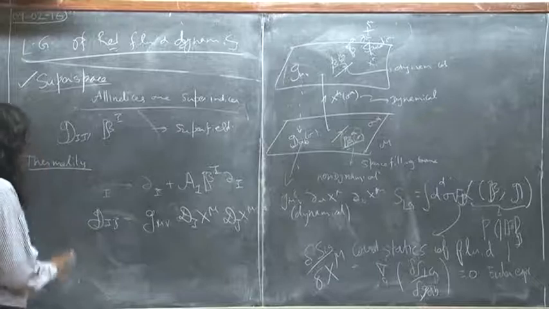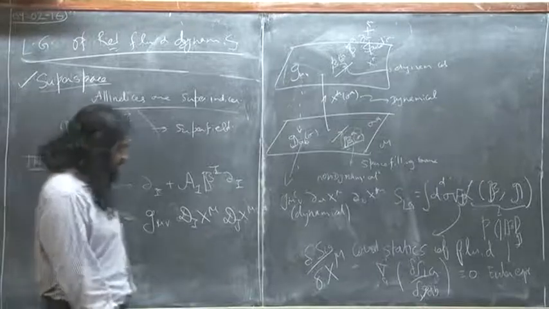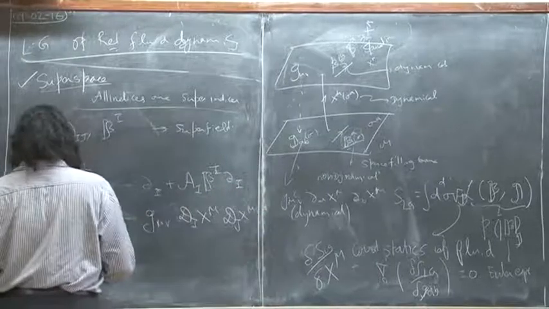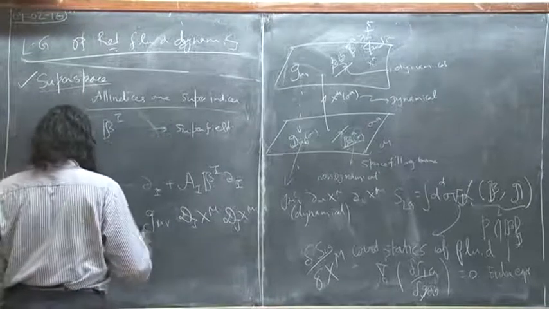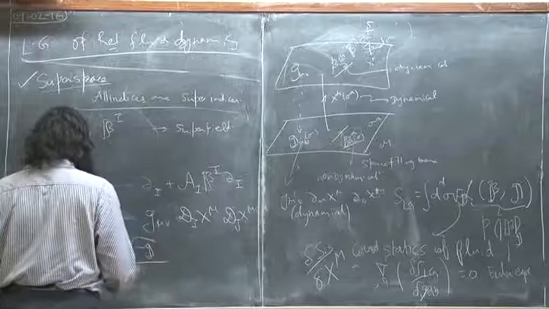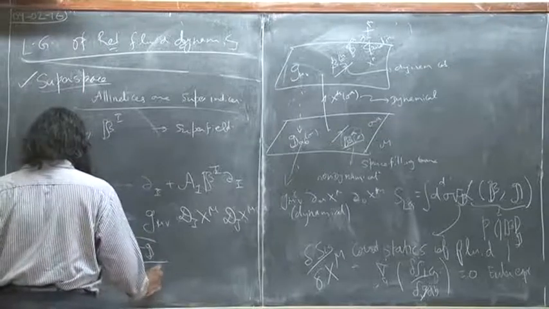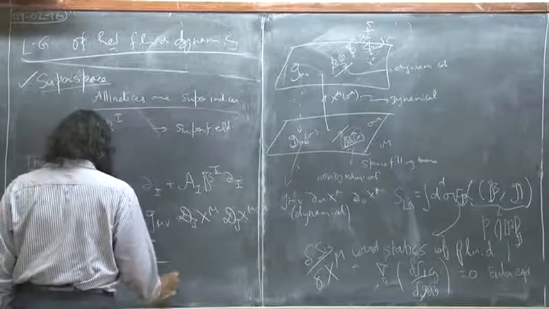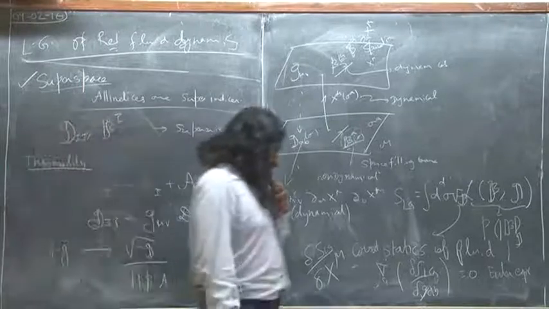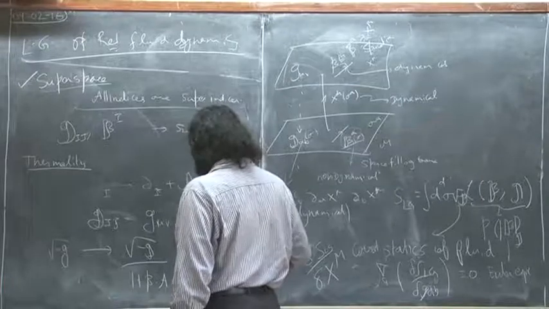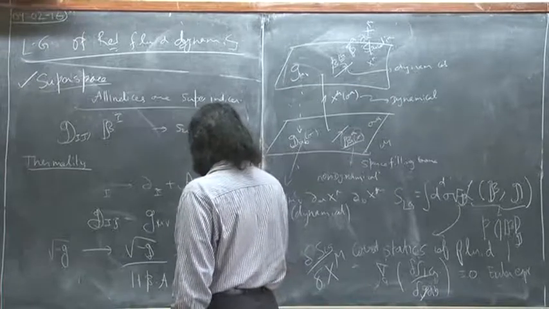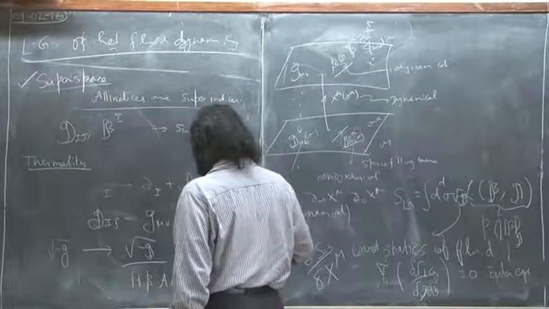This has the effect that if you pull back the ordinary measure, square root minus g, it doesn't quite pull back to square root minus g, but it must pull back to square root minus g times 1 plus beta dot a. This is the measure that you should use. This is the U(1)T invariant measure, the thermal invariant measure.